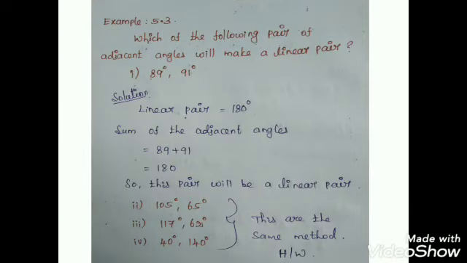Okay, so next is example 5.3. Which of the following pair of adjacent angle will make a linear pair? Already know that linear pair is exactly 180 degree, which means straight line. Given that 89 degree, 91 degree. Sum of the adjacent angles: one angle is 89 degree, another angle is 91 degree.